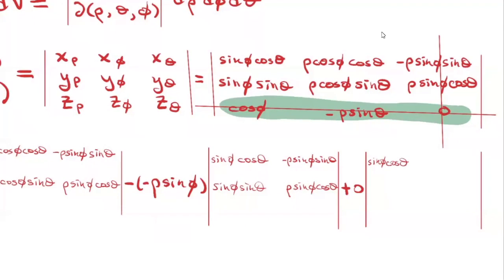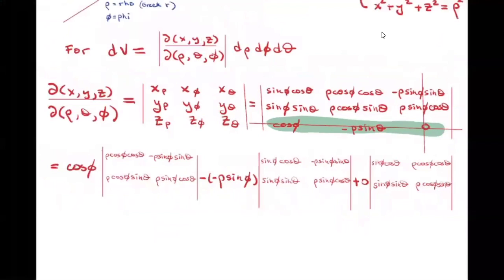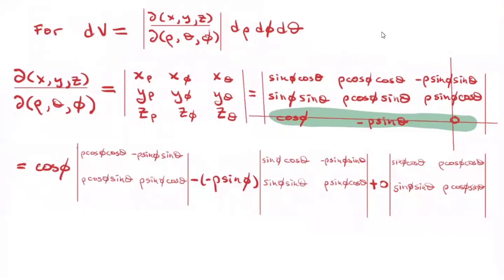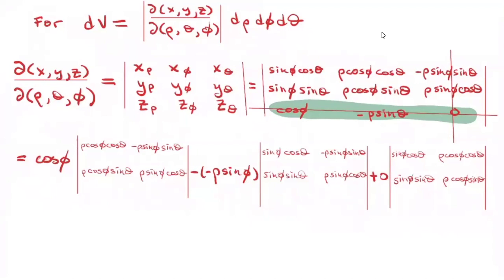And then a rho cos phi cos theta. And then in the next row is going to be sine phi sine theta. And then a rho cos phi sine theta. Okay. So that's that. Pretty bad. I've seen worse.